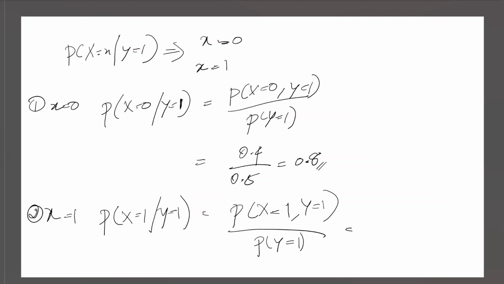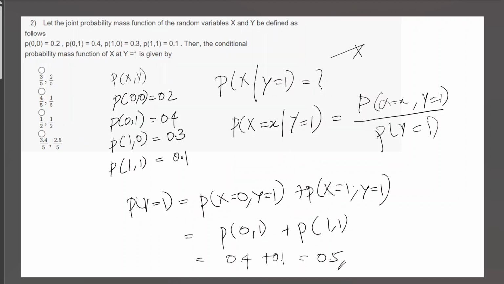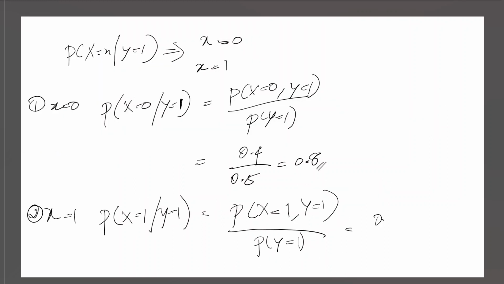What is the probability of 1 comma 1? Probability of 1 comma 1 is 0.1, divided by 0.5, which is 0.2. So 0.8 comma 0.2 is the answer.